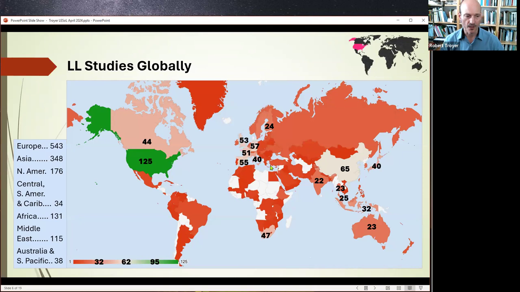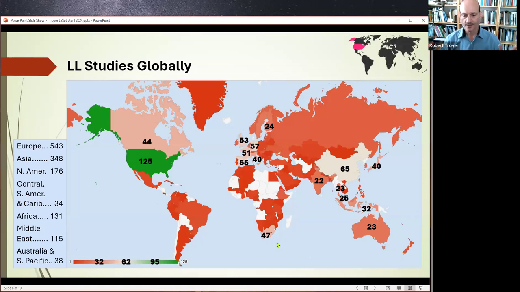But we see also a lot in Europe, quite a lot in East Asia. In Africa, there have been over 130 publications, but about 50 of them are from South Africa, where there's a very strong research component at some of the South African universities.